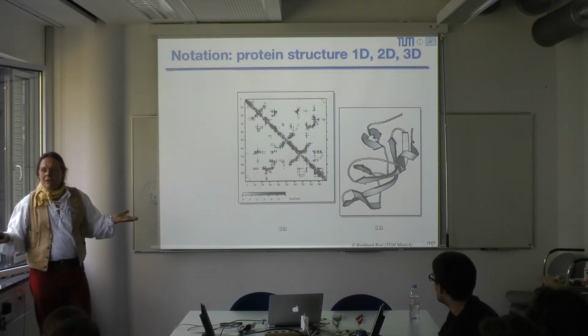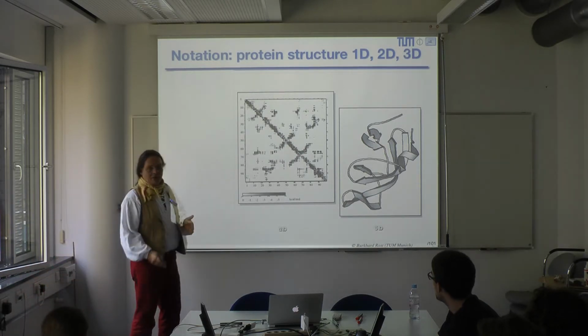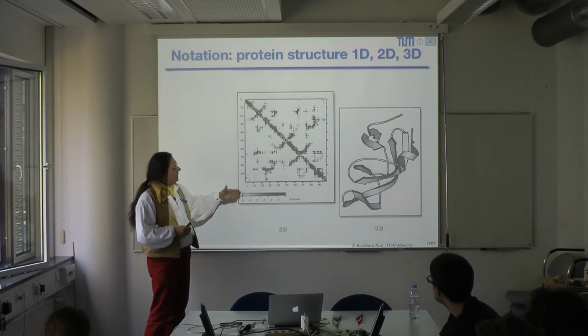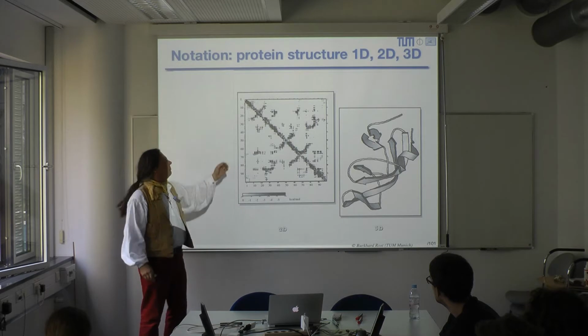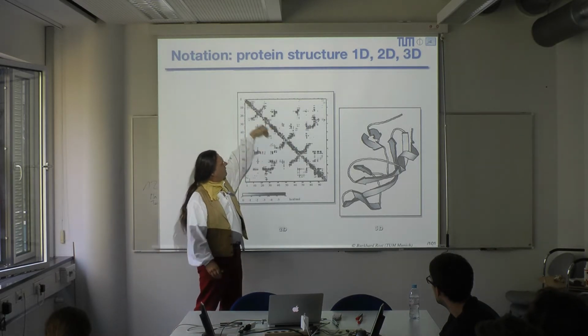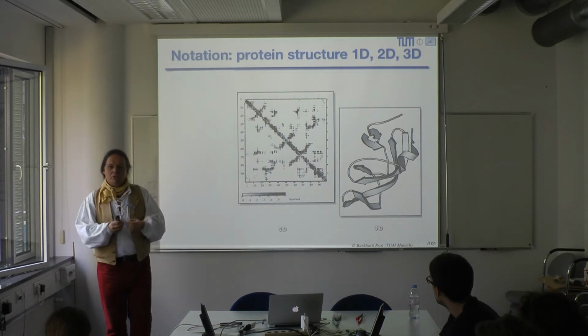2D is 2D information. We are computer scientists after all, or we have at least some solid footing in computer science. And a 2D sense is a contact map. So what I plot here is the residues down here and the residues down here, and every entry is, for instance, an energy of binding between two residues.